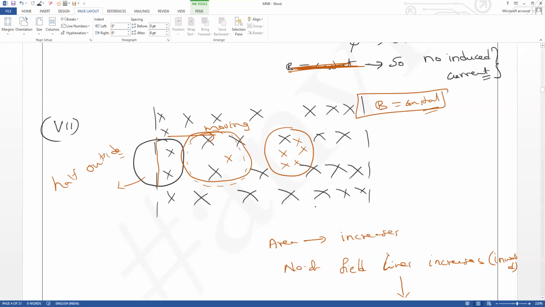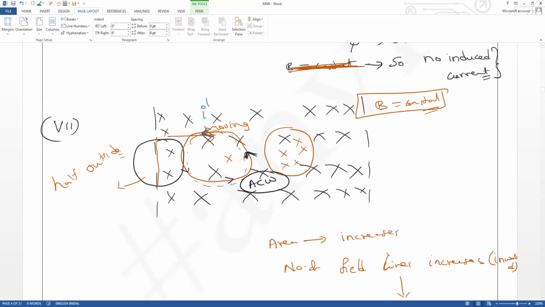Now you tell me, clockwise or anti-clockwise? Decreasing, ra. Anti-clockwise. Apply your hands at least. Apply the right hand rule. So the direction of current is this one. Induced current I dash is this one. Anti-clockwise.